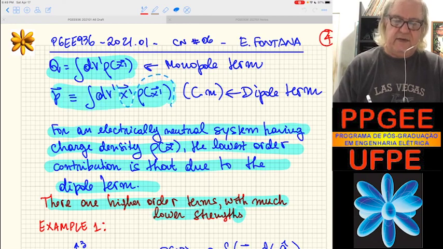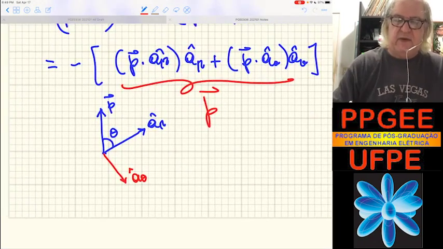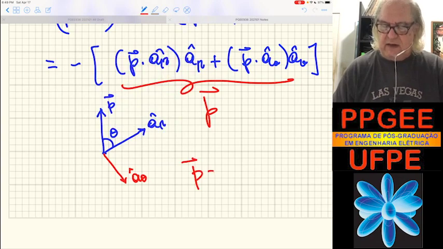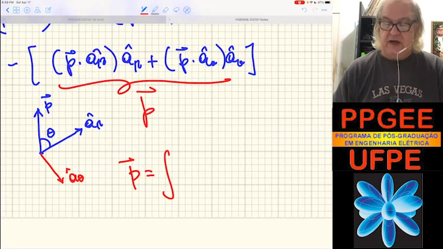Charge is this dq, right? So you can see that the dipole moment is as if I were calculating this type of thing, a moment of charge, right?